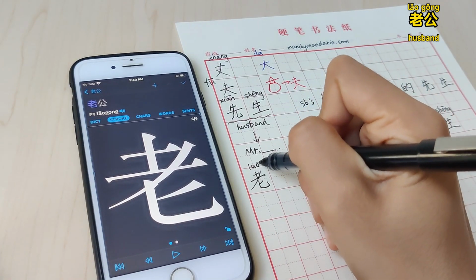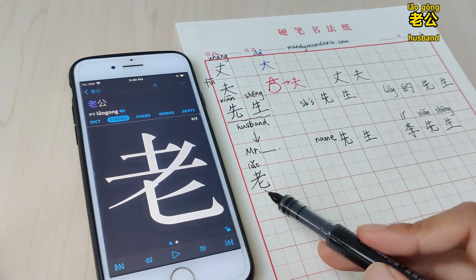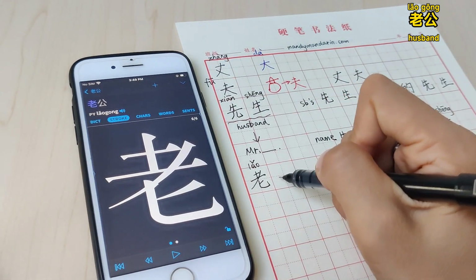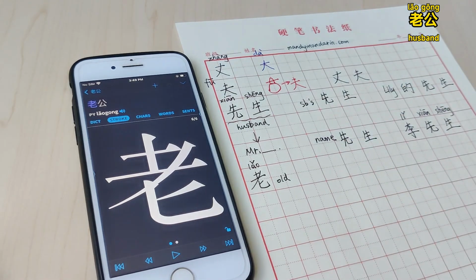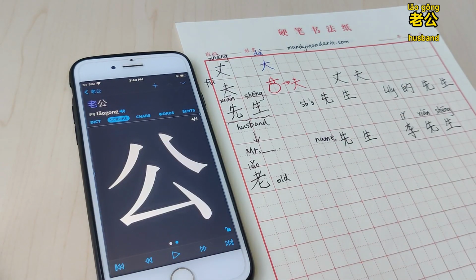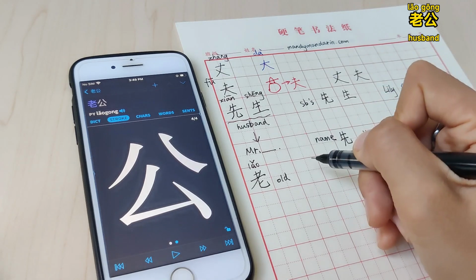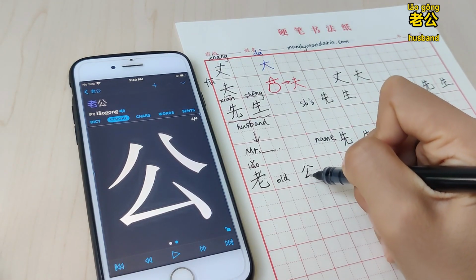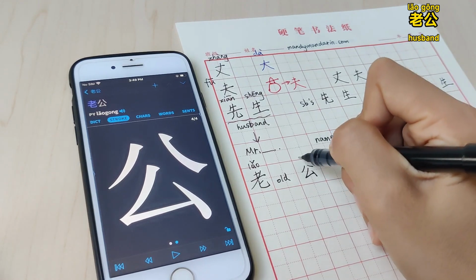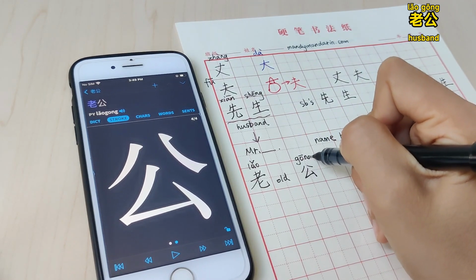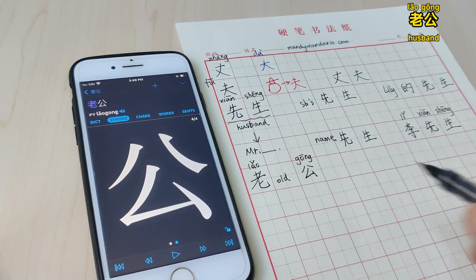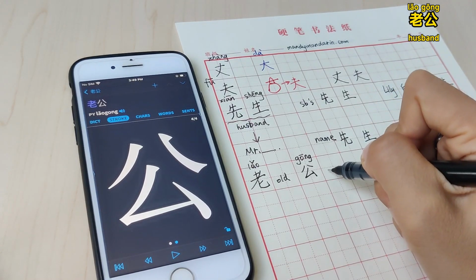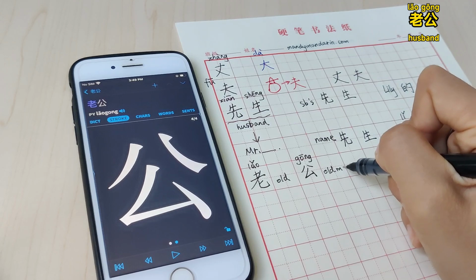This is 老. And 老 means old. As for the 公, simple, we go 1, 2, 3, 4. 公 refers to old man.